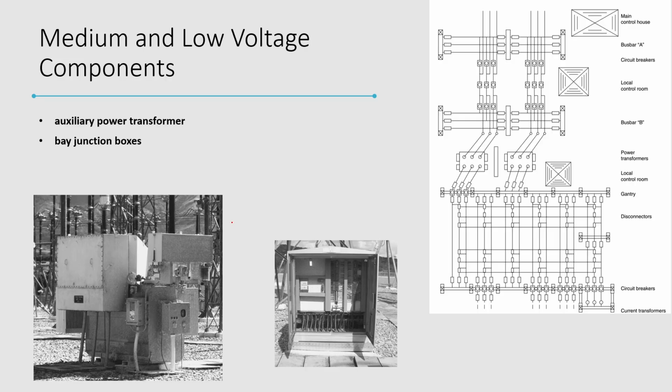Here you can see an auxiliary power transformer, which is size wise much smaller than the power transformer, that is used in the substation. This is used for the auxiliary power that is utilized by the substation itself, right? And then you have the bay junction boxes. We'll talk about this bay concept later on, so that would look something like this here, right?